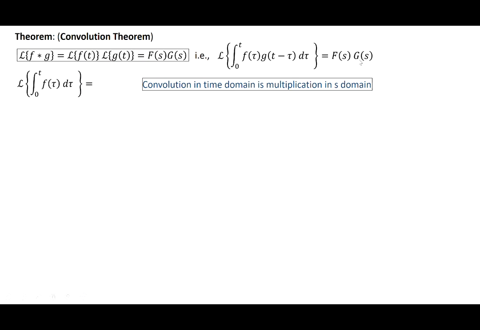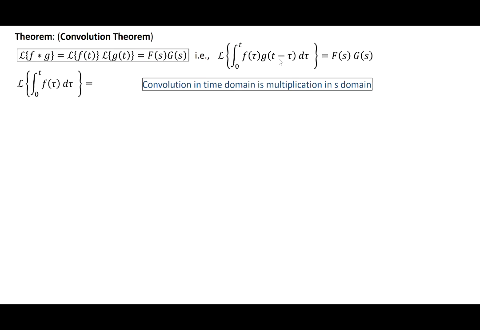On the right hand side, what do we have? We have g of s. That means we need to take the Laplace of g of t. We know g of t minus tau is 1. Can we figure out g of t so that we can figure out g of s? What do you think g of t is if g of t minus tau is 1?